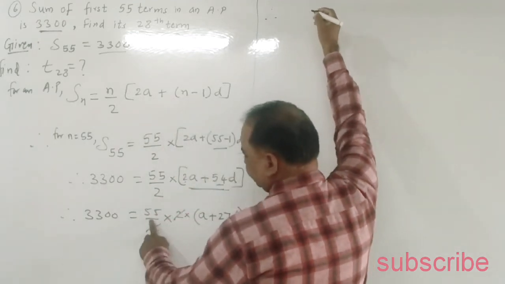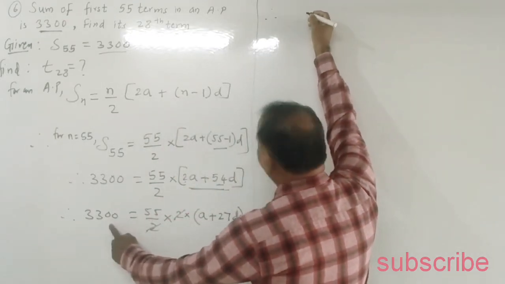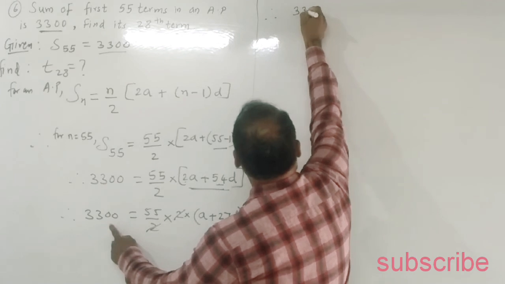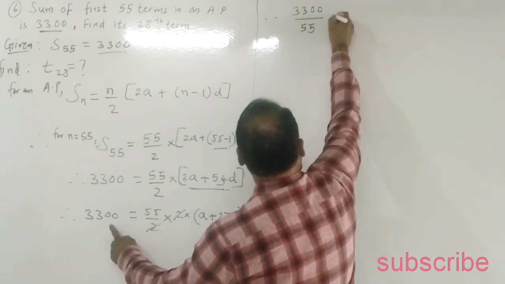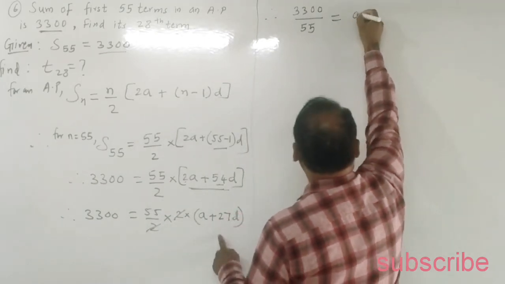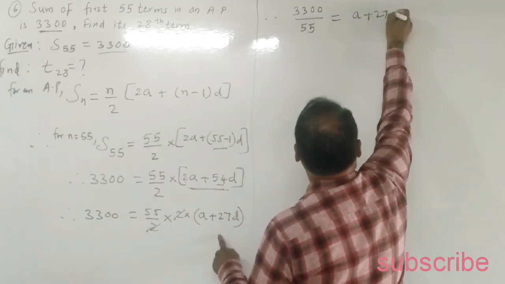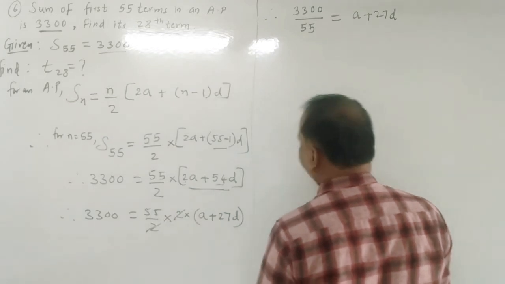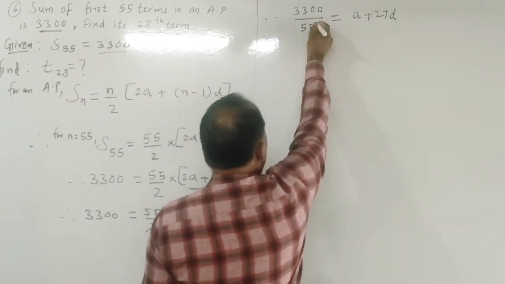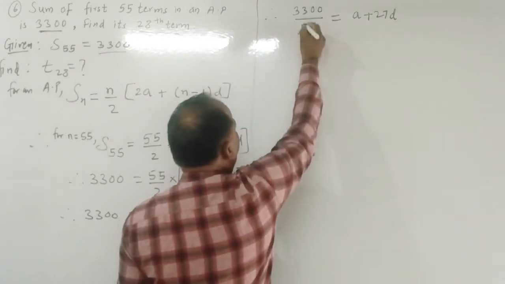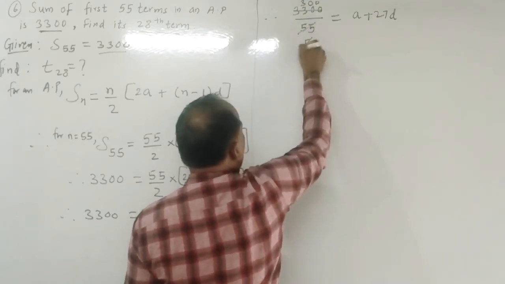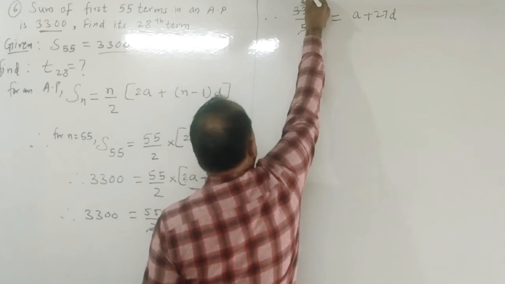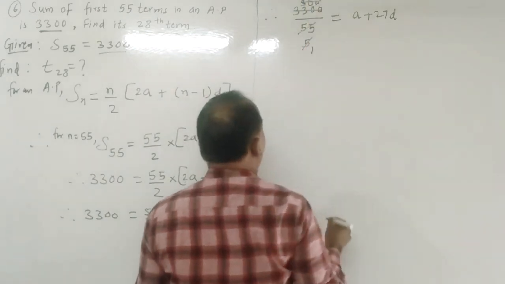Next step, this 55 will come on the left hand side of the equal to sign. It will get divided: 3300 upon 55 is equal to a plus 27d. Now we can divide this by 11. 11 5s are 55. 11 3s are 33. 0 0, 5 1s are 5, 5 6s are 30.